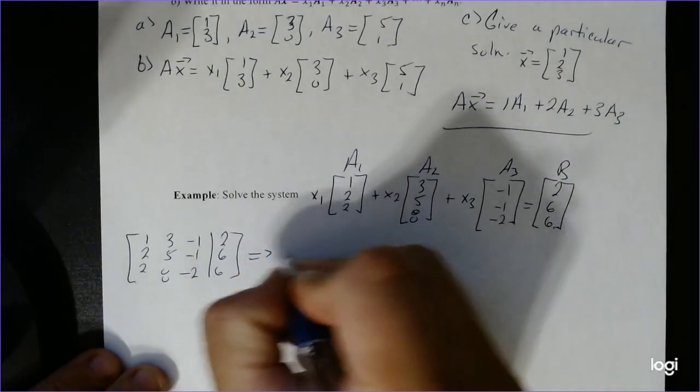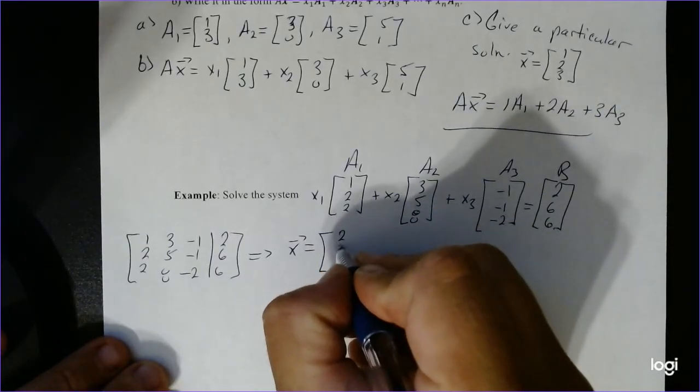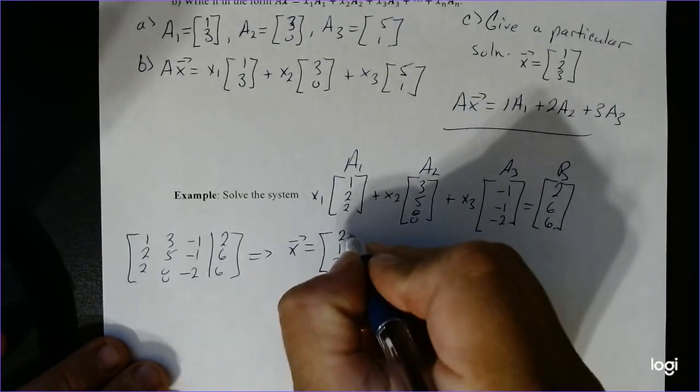So we got these answers earlier: x1 was 2, x2 was 1, and x3 was 3.